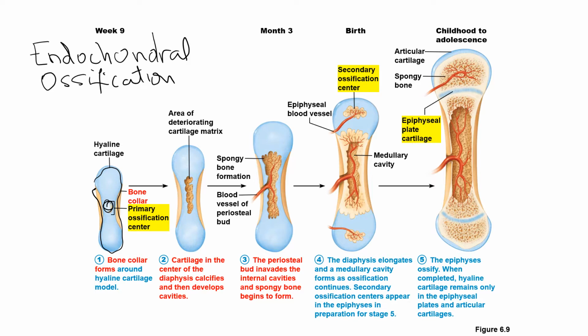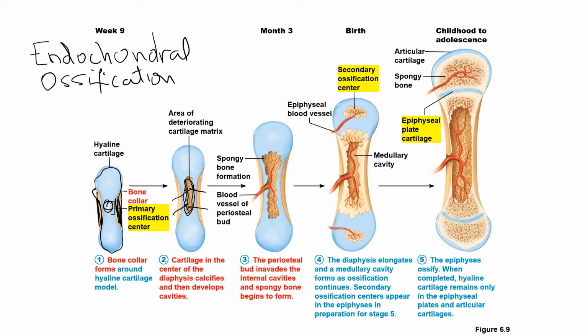This takes place when calcium deposits in the shaft of the hyaline cartilage bone. The calcium prevents nutrients from reaching the chondrocytes in the hyaline cartilage. Chondrocytes begin to die and deteriorate, and calcification will begin in the center or diaphysis of the long bone.